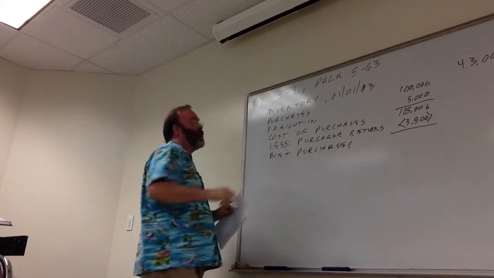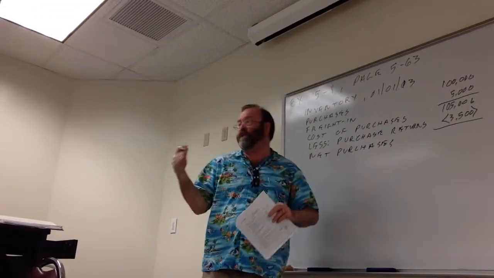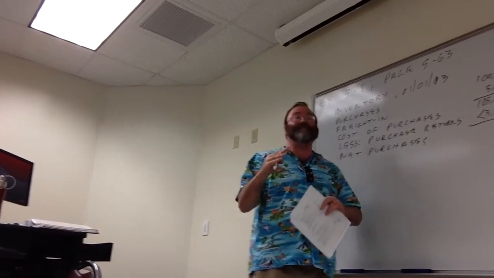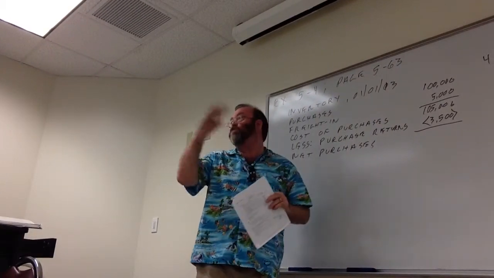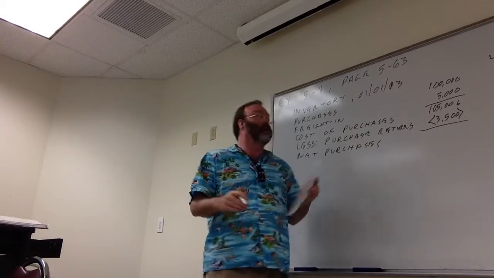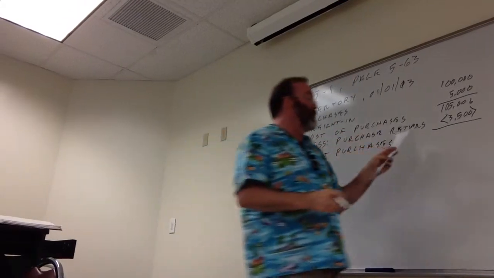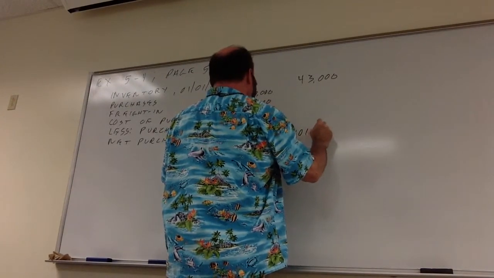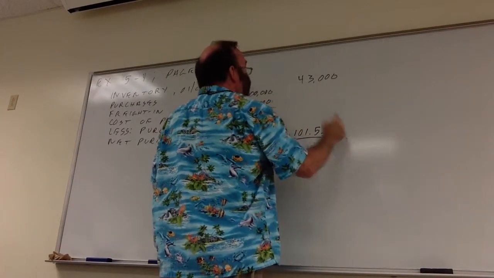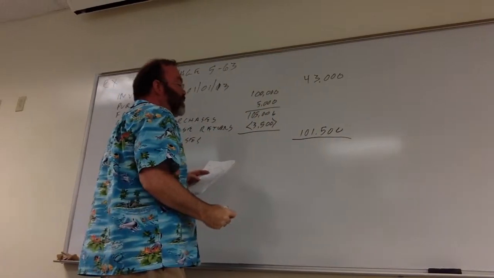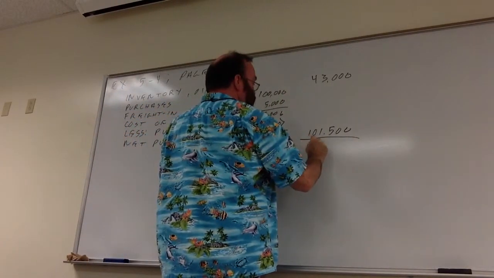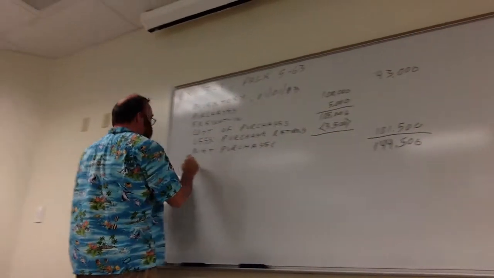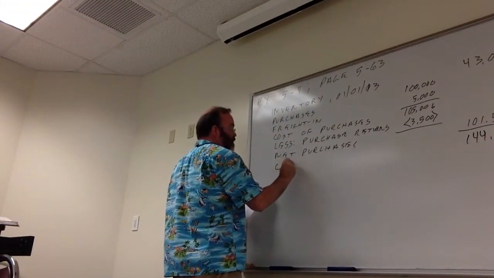Now, the other thing you'd be subtracting from the total cost of purchases, if it was there, would be any allowances or any purchase discounts that you took, you know, the 2% for paying within 10 days would also come out of here in your calculation of net purchases, if they were around. So that's $101,500. Add that to the beginning balance as of January 1, you have $144,500. Is your cost of goods available for sale.